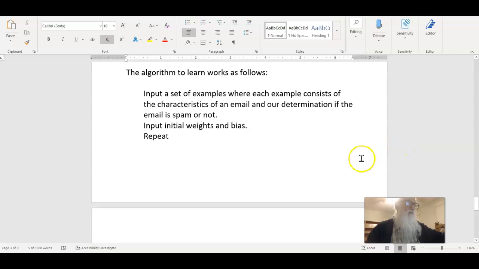And what we do is we input a set of samples where each example consists of the characteristics of whatever we're working with and our determination of what the answer should be. I'm generalizing this. We input the initial weights and the biases, and then we go to work training our network.